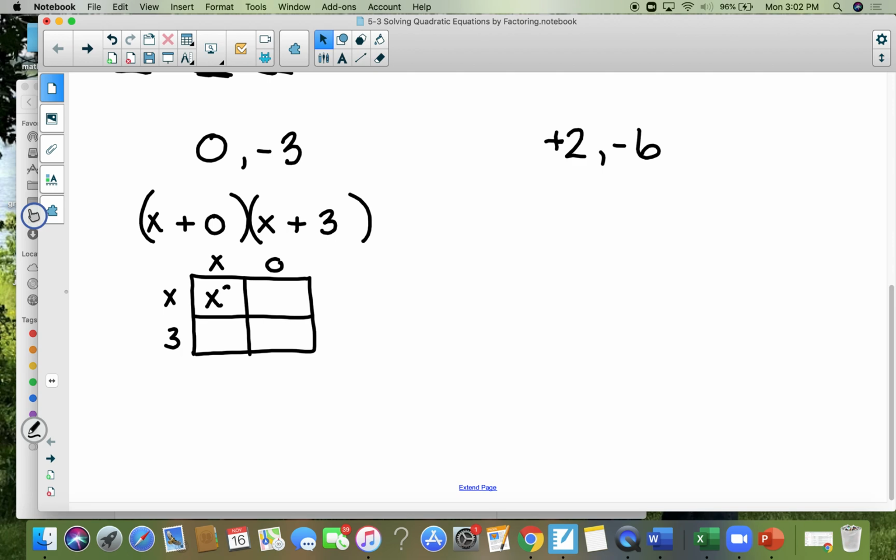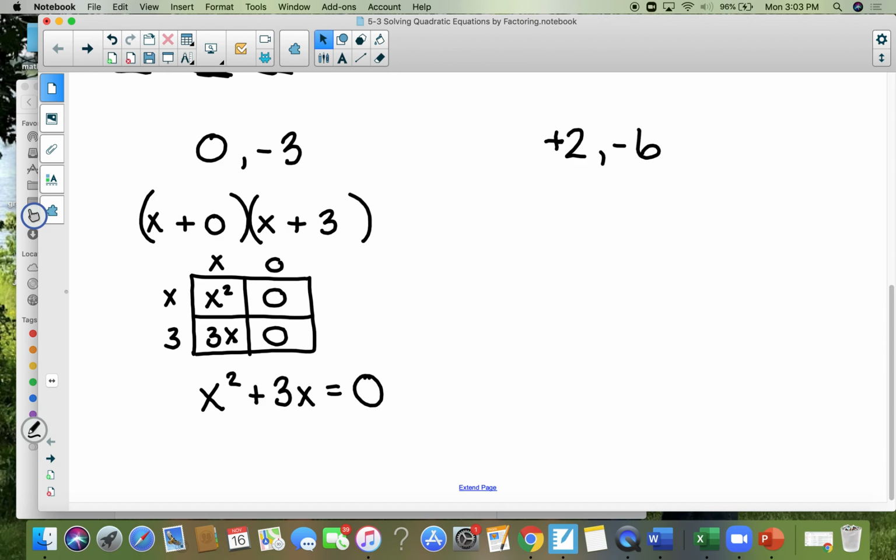X times x is x squared. 0 times anything is 0, so you don't even have to put anything there. 3 times x is 3x, and 0 times 3 is 0. So the only thing you have for this one is x squared plus 3x, and you should set it equal to 0. So if you get a 0 one, that's all you do.